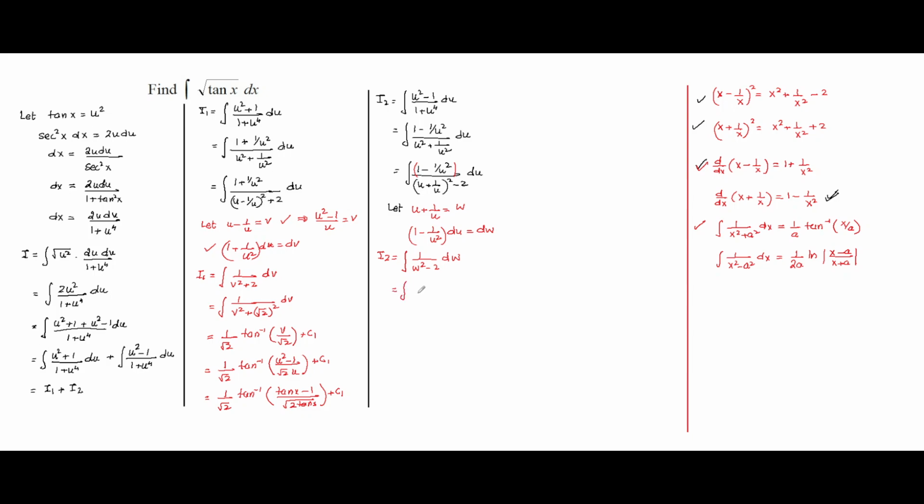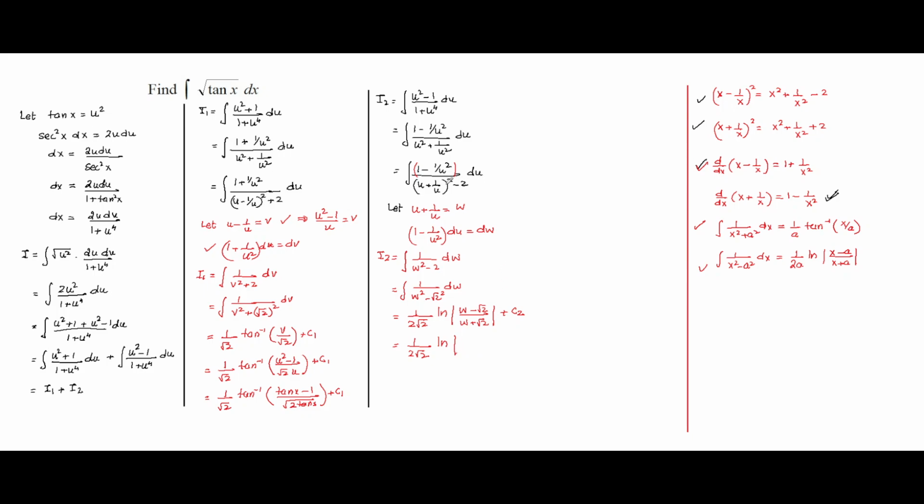Now this is integral 1 over w square minus root 2 squared dw, and that will give us, using the second formula, 1 over 2 root 2 ln w minus root 2 over w plus root 2, sorry, not plus c2, plus c2.